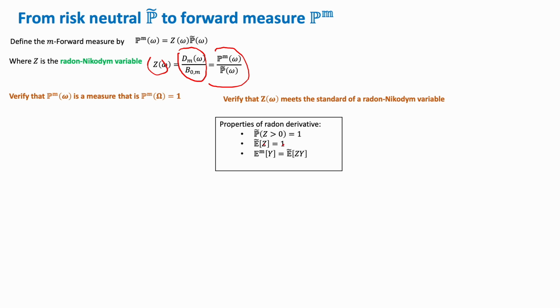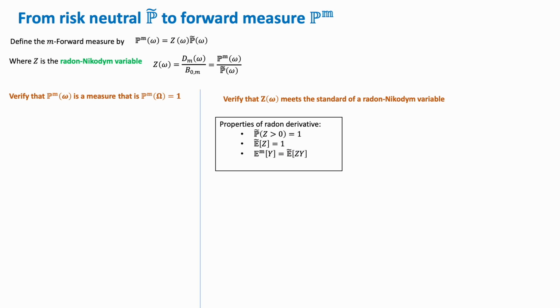And then we also can show that the expected value of a random variable Y under this new measure that we created, this measure PM, is actually nothing but the expected value of Z times this random variable Y under the Riesz-Natal measure, right? So this will essentially give us a way to move from one measure to the next, from the Riesz-Natal measure to this 4-hour measure. So let's show this.